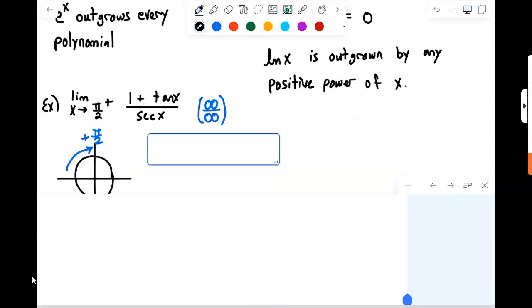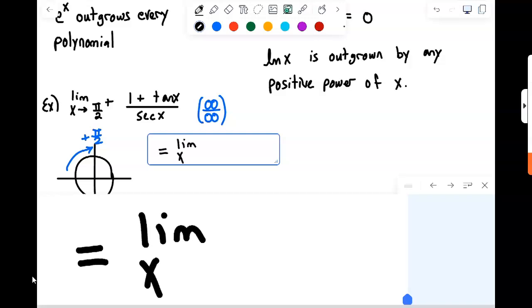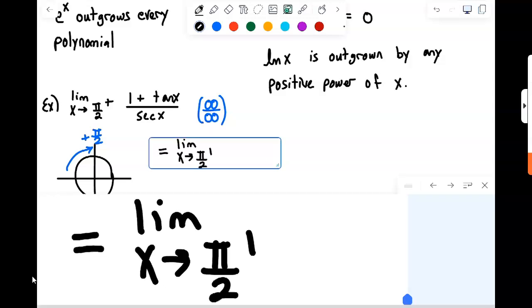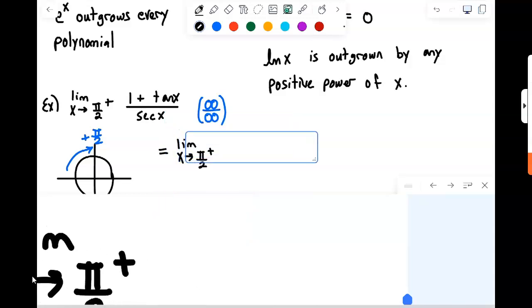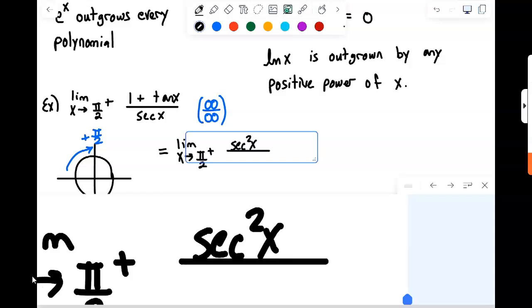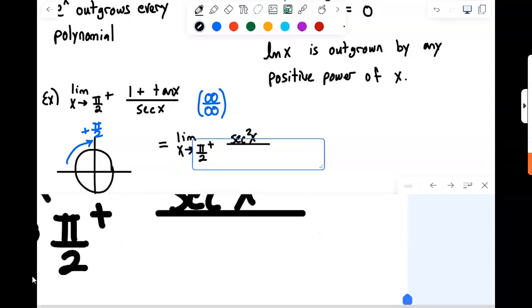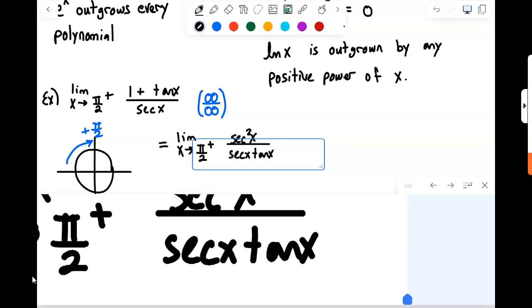So we invoke L'Hopital's rule. Limit as x approaches pi over 2 from the right. Take the derivative at the top. That would be derivative of 1 is 0. Derivative of tangent is secant squared. And in the bottom, derivative of secant would be secant x tangent x.